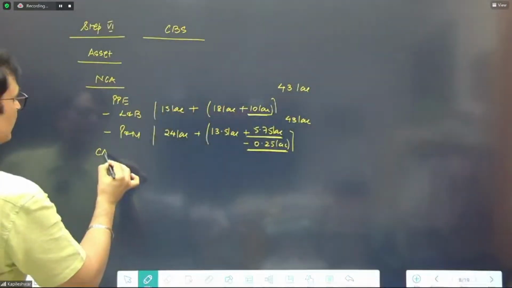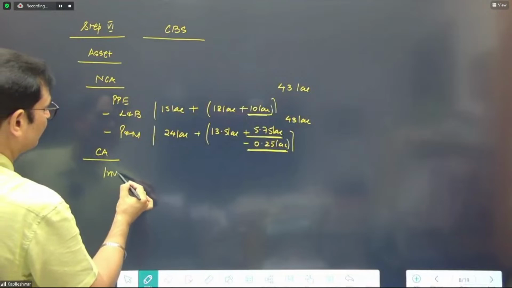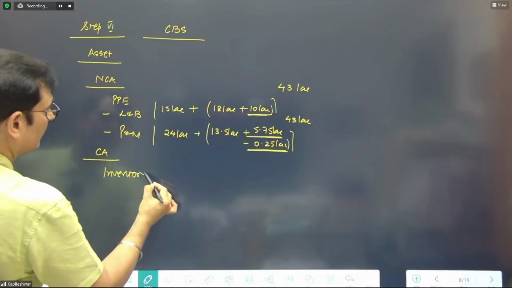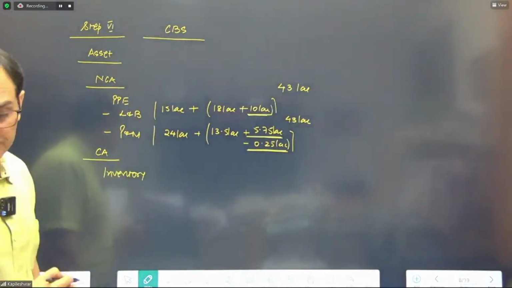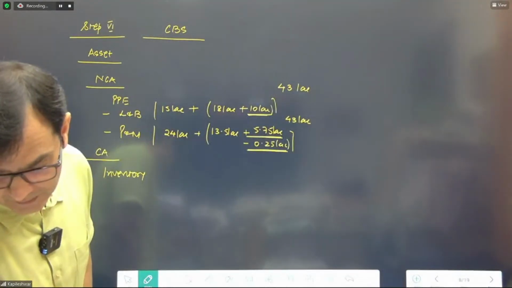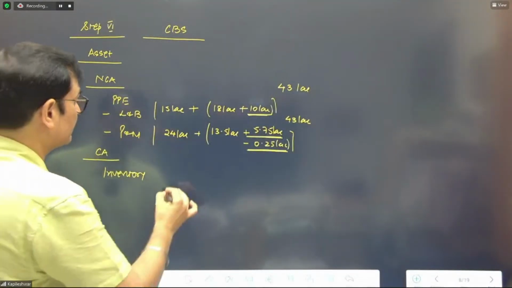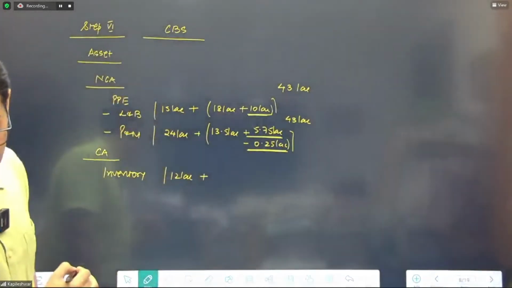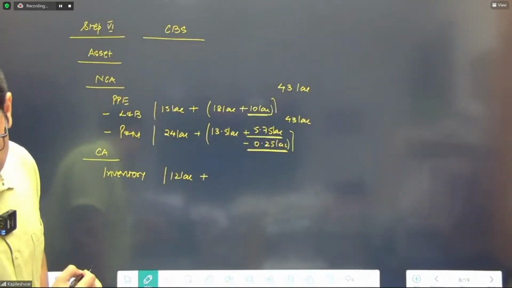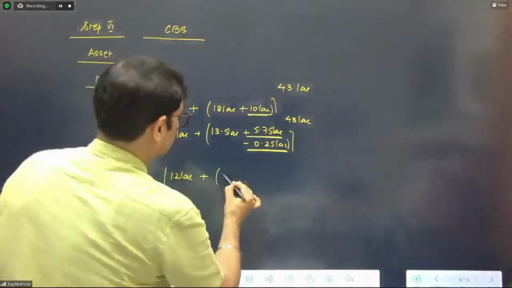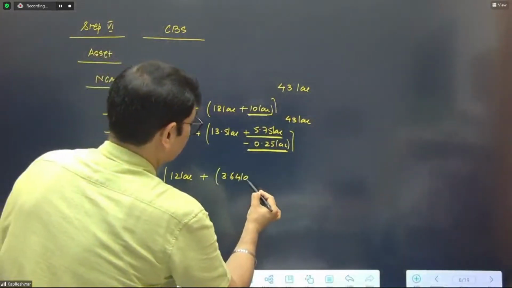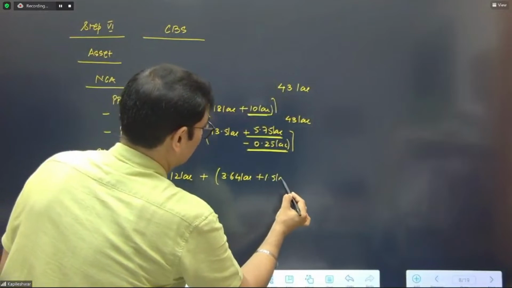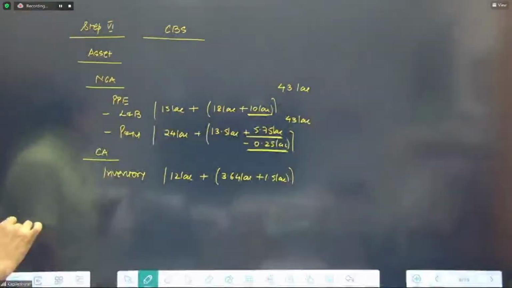Then we've got the current assets in which we've got inventory. In terms of the inventory, I am given the inventory of the parent company is 12 lakhs, and for the subsidiary we need to consider the fair value change, if any. So the book value is 3.64 lakhs and the fair value increase in the inventory is 1.5 lakh.